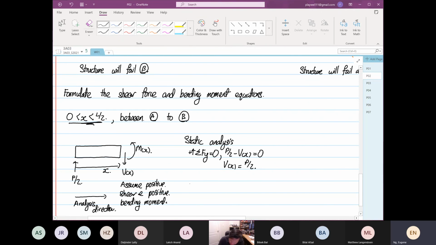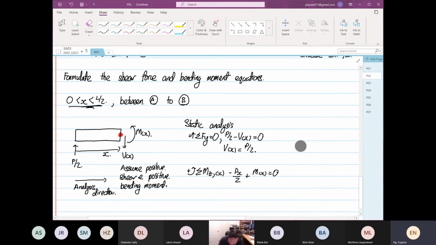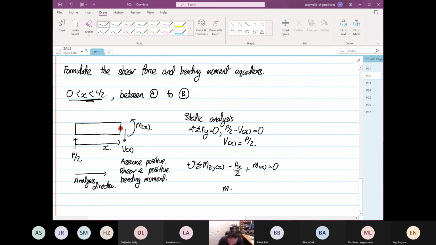Then we're going to take moment about the Z direction, variable X. We are taking our moment from here, where I just drew the dot. The force P/2 is going to generate a clockwise moment, so it's minus Px/2 plus M as a function of x equal to 0. So M as a function of x is equal to Px/2.